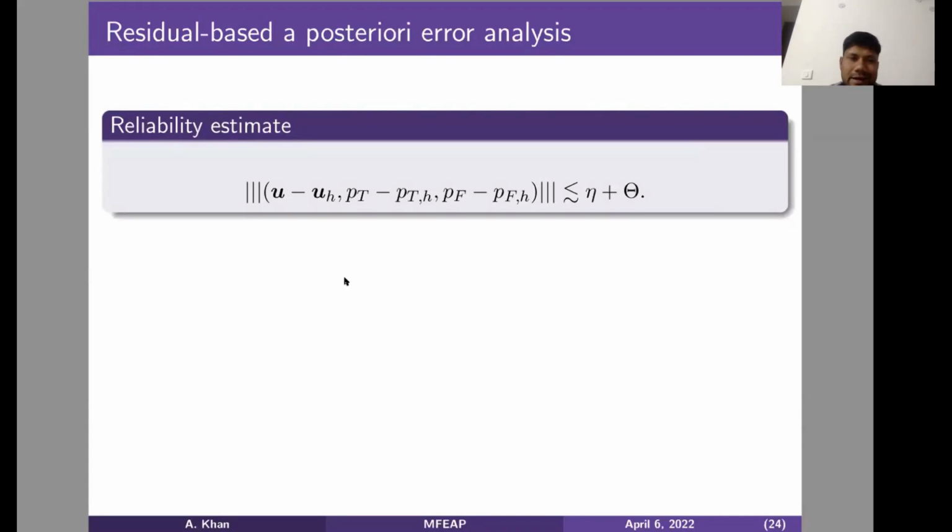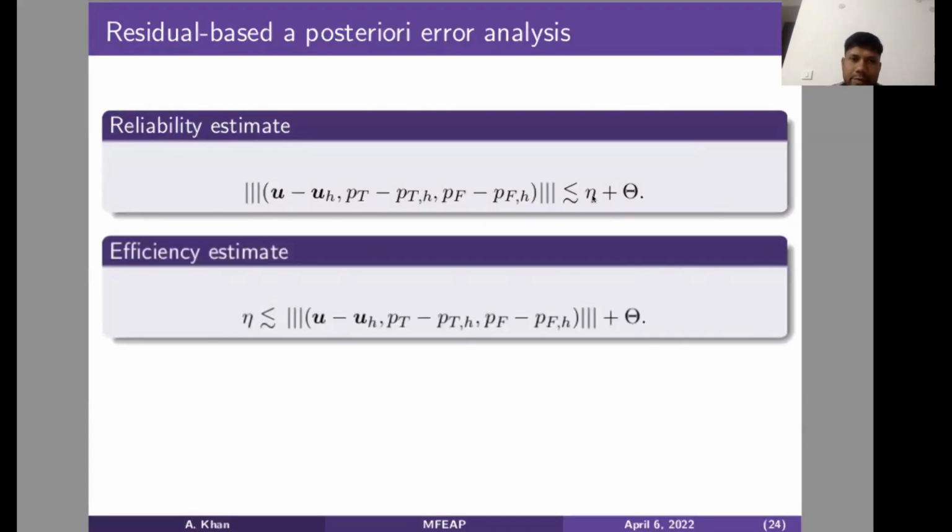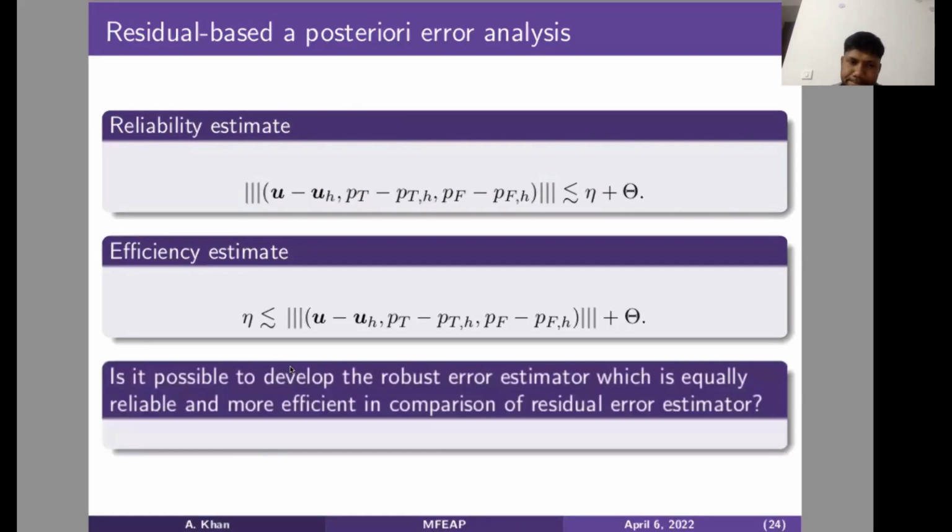We first prove the reliability estimate, and then we prove the efficiency estimate, which ensures that our proposed estimator is reliable as well as efficient. And also, as I said, the constants are independent of the parameters and mesh size. So our estimator is also theoretically reliable, efficient, and robust.